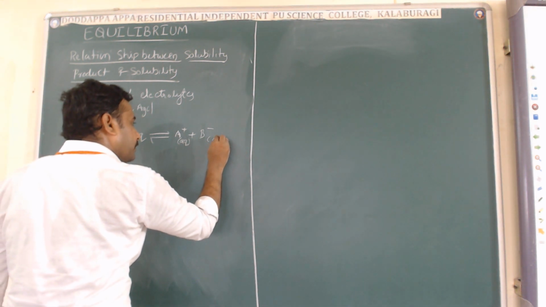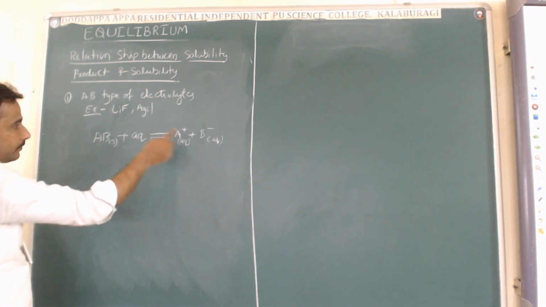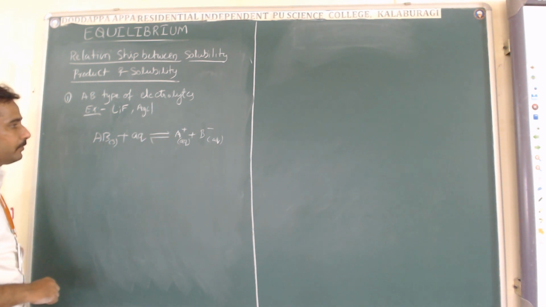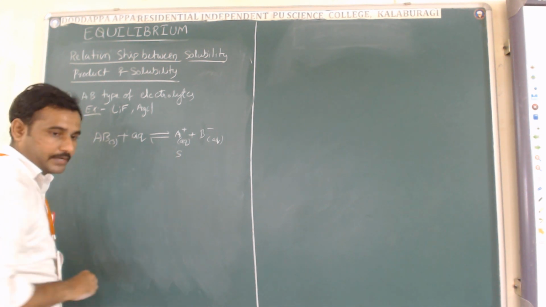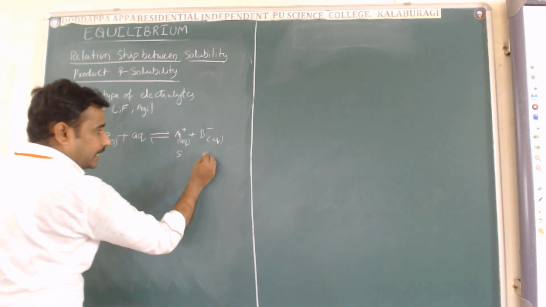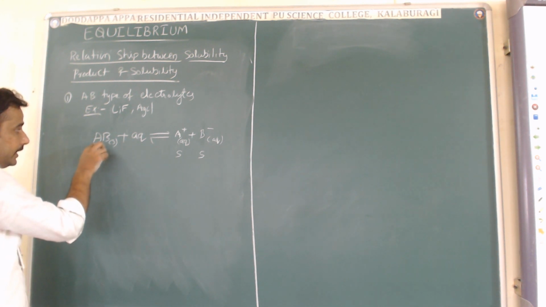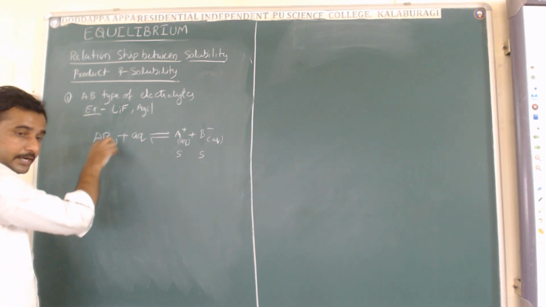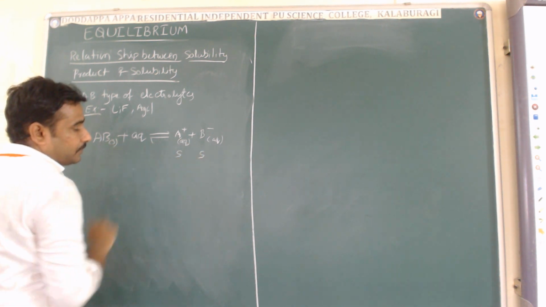So in this solubility product you have to take only S. This side also only one S, because here there is no 2A or 2B. So AB means only one S you have to take.